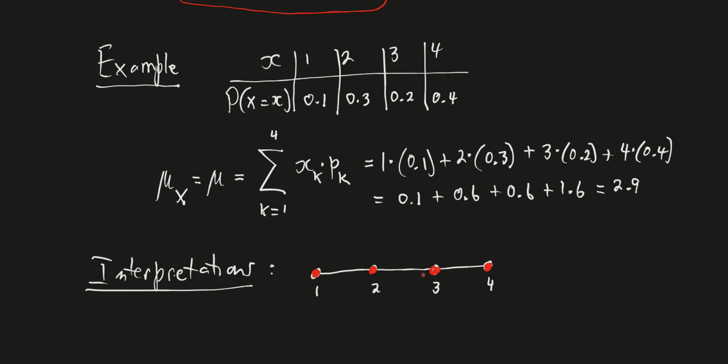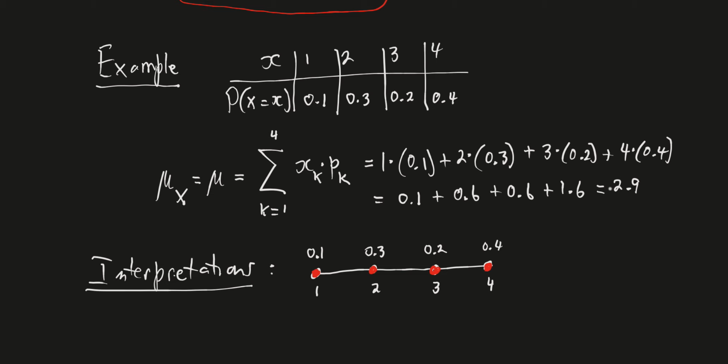So again, let's say that these are masses here, and let's say the mass at x equals 1 is 0.1. So maybe you can think of it either as mass or weight, it's fine, right? So there's a mass of 0.1 at x equals 1, and then a mass of 0.3 at x equals 2, and then at x equals 3 a mass of 0.2, and then finally a mass of 0.4 at x equals 4.